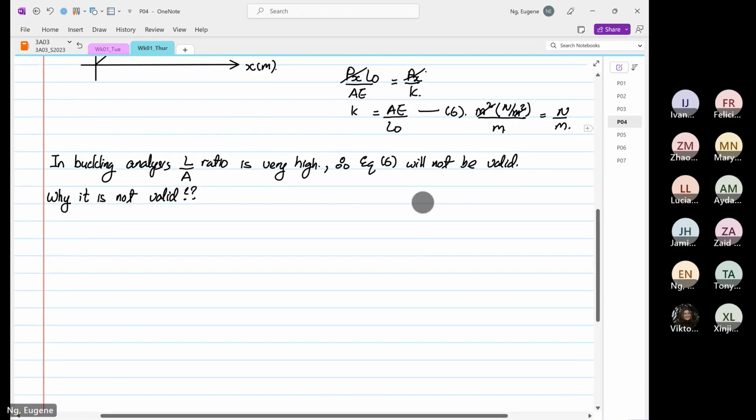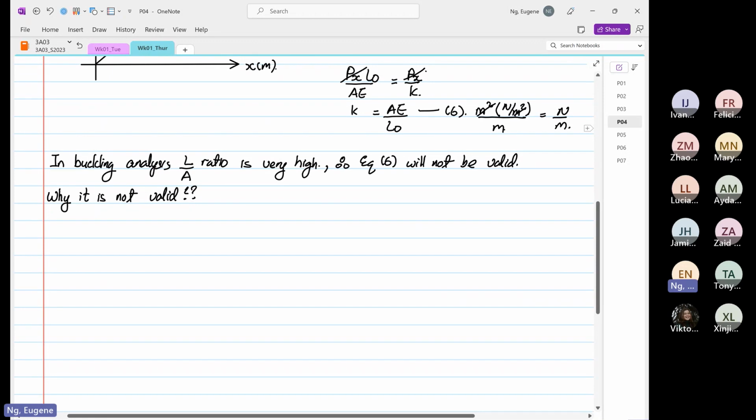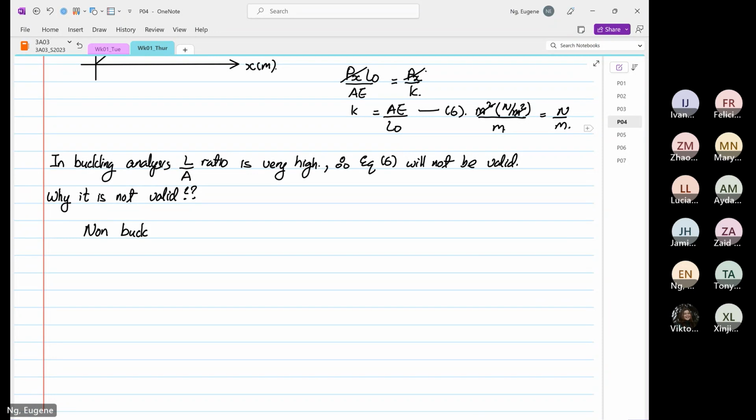Under non-buckling deformation, like how we derived earlier, if our structure is like this, and if we put a load, the structure becomes shorter.